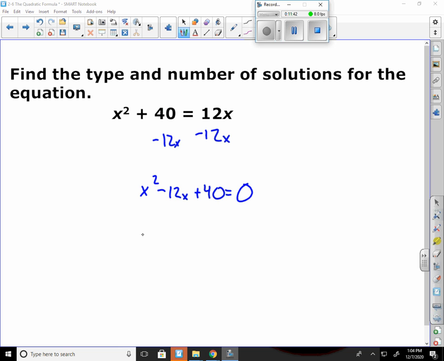Now it's b squared, which would be negative 12 squared, minus 4 times 1 times 40. I guess we don't need the equal 0 on there anymore.